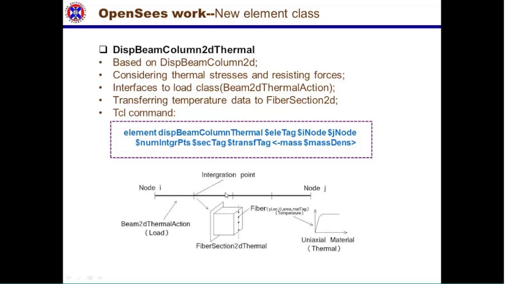For each integration point, we have the fiber section, and the temperature data goes to the fiber section and finds out the real temperature of each fiber. Then we get the location of the fiber, the area, the material tag and the temperature, and just specify a uniaxial material which has the thermal properties.